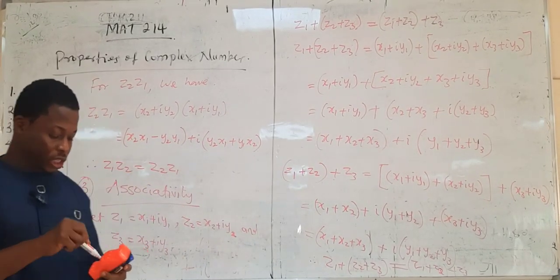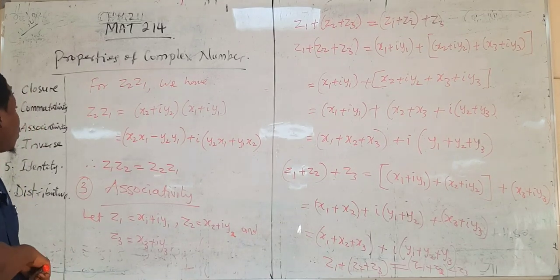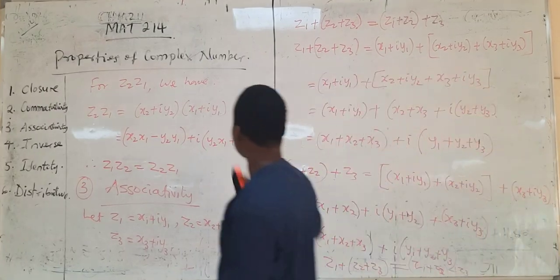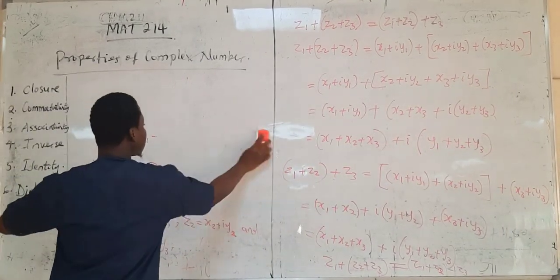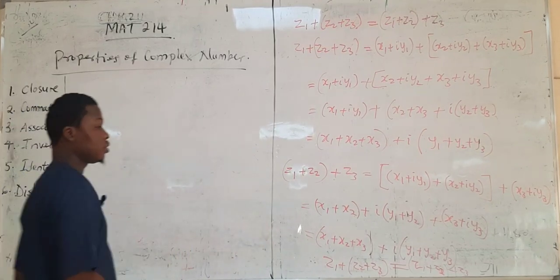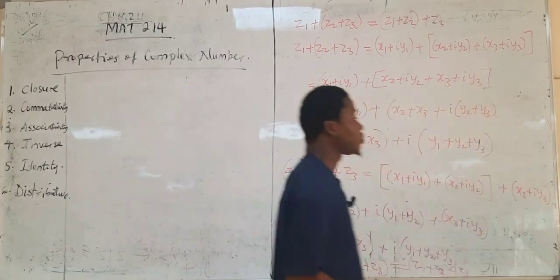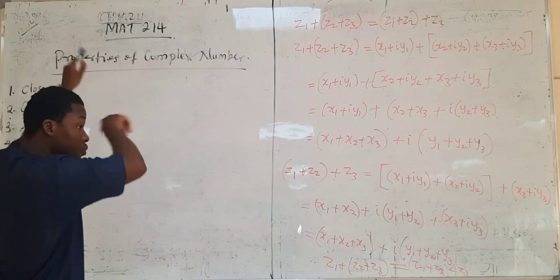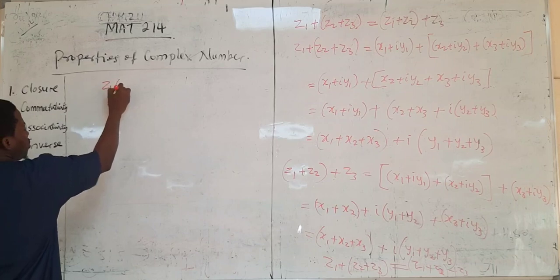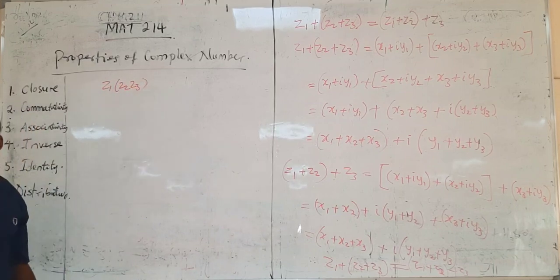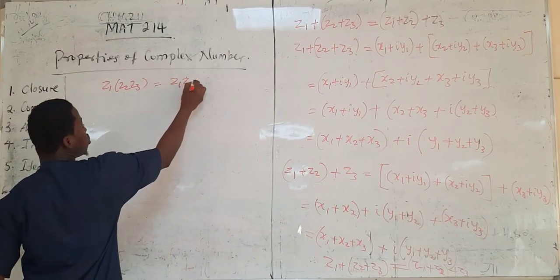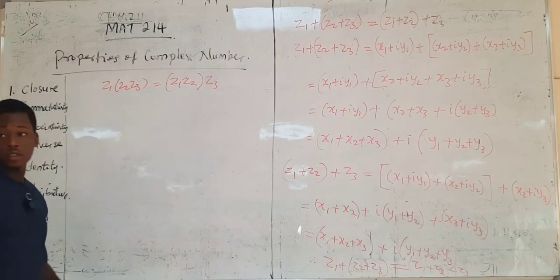Okay? Now we need to check for the multiplication. Now for the multiplication we have that z1, z2, z3. z1 times z2 z3 is the same thing as z1 z2 times z3.